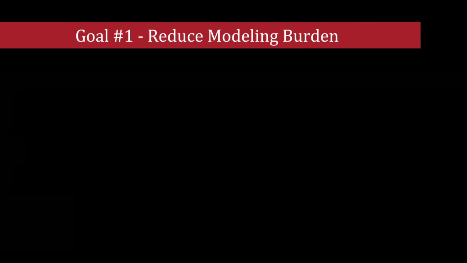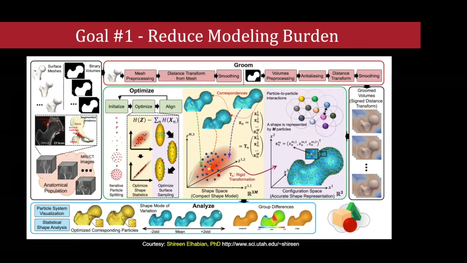This is a very overwhelming image, but it really is why we're pursuing this, to make it more efficient. I'll walk you through this briefly. In the upper left, you've got your MR and CT data. You segment it, create these surface meshes, and for reasons I won't explain, we convert these to binary volumes.